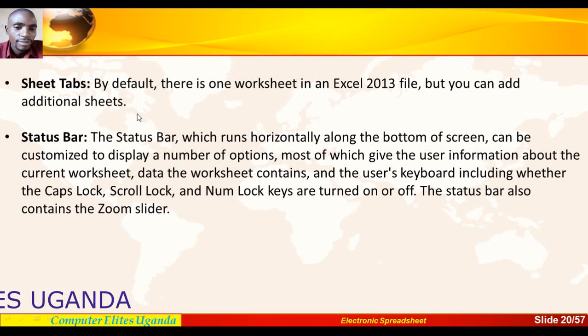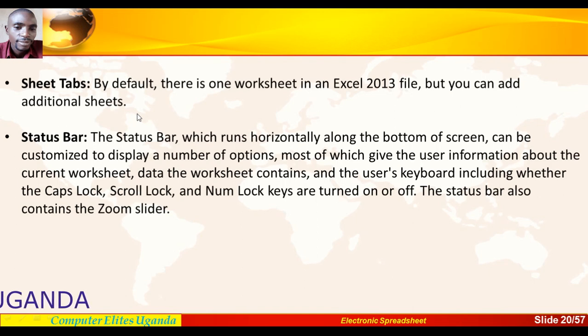Then the status bar runs horizontally along the bottom of the screen, and it can be customized to display a number of options, most of which give the user information about the current worksheet, the data in the worksheet, and other features depending on how you want it to display.